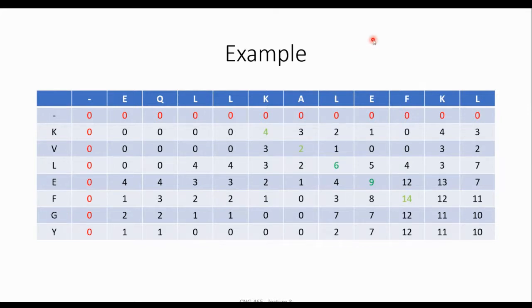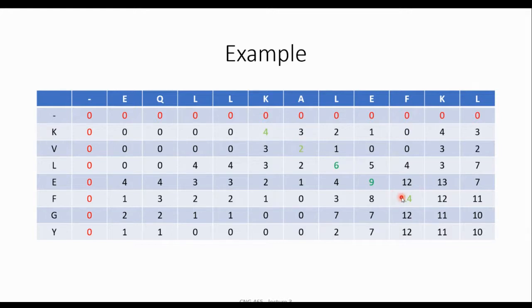One way is to find the maximum value in your table. And if you take a look at the whole table, you will find out that 14 has the maximum value. You may say, okay, maybe I will have another 14. Yes, maybe that one would be another possibility for you. So I choose the maximum, for example, and I try to trace back.